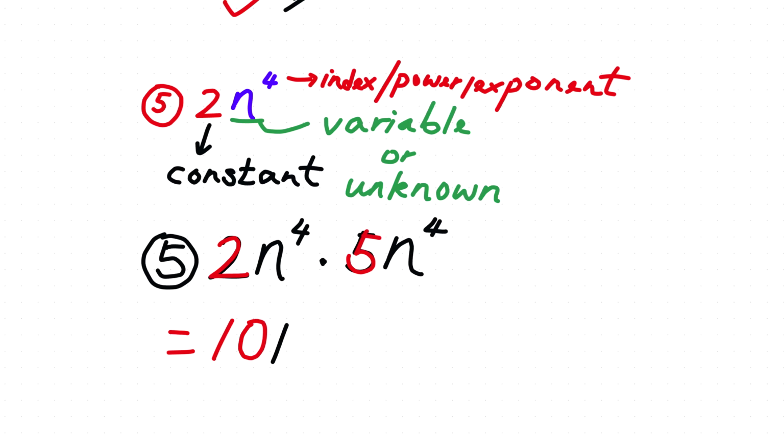The same base, that means we add the index. Here, 4 plus 4. So our final answer is 10 times n to the 8th power. That would be our final answer.